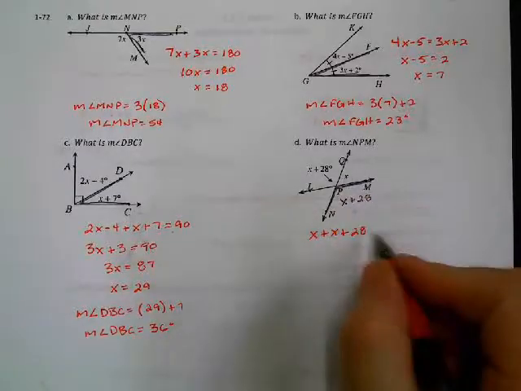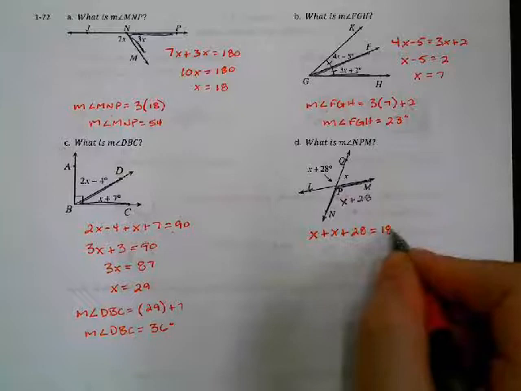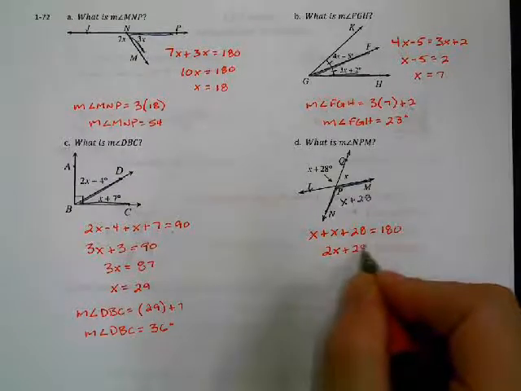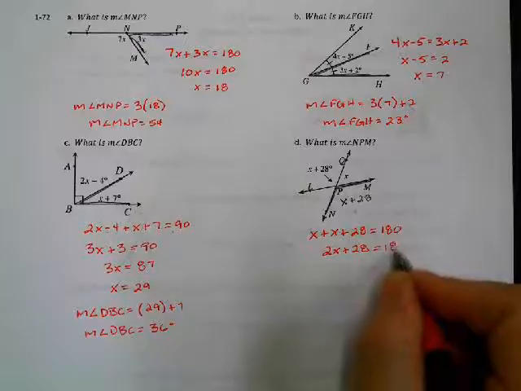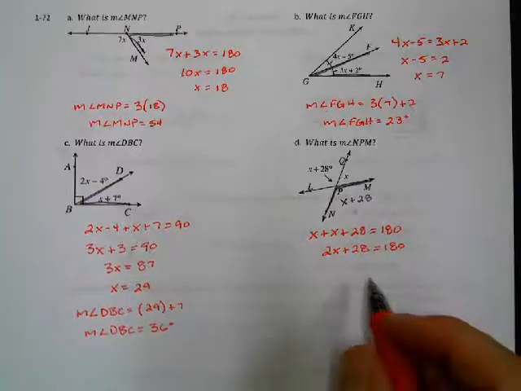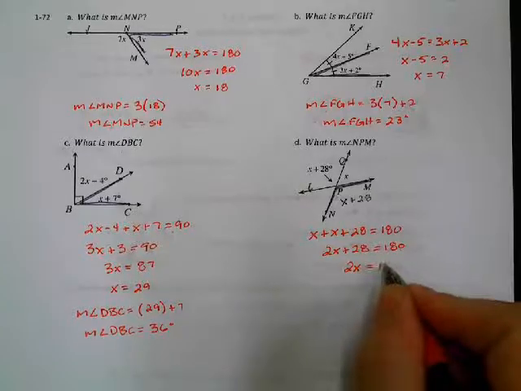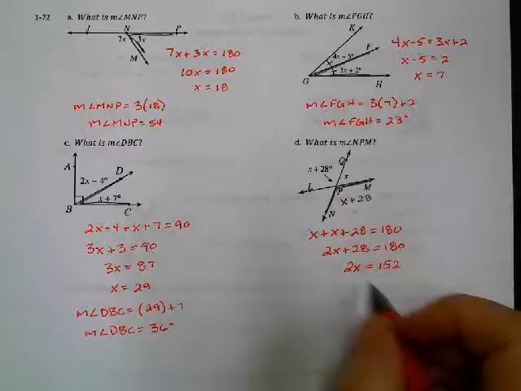So this gives me 2x plus 28 is equal to 180. I'm going to subtract 28 from both sides and get 2x is equal to 152. And then divide by 2 on both sides and get x is equal to 76.